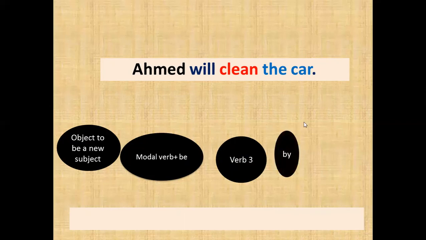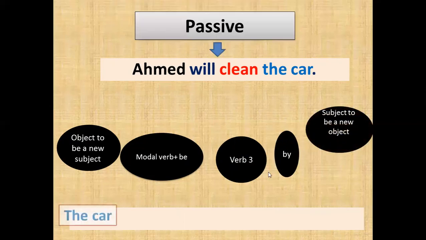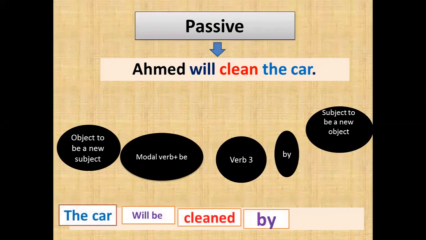And at the end, I will use the preposition by, and the subject to be a new object. So I will say, the car will be cleaned by Ahmed. So Ahmed will clean the car is active, and the car will be cleaned by Ahmed is passive. We use passive if we don't know the subject, or we want to hide it.